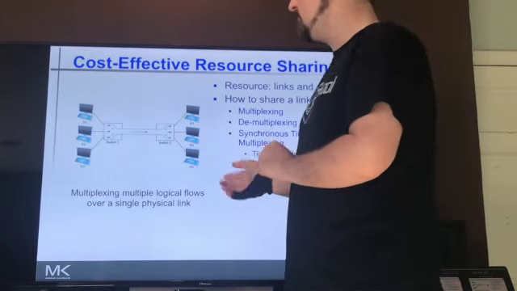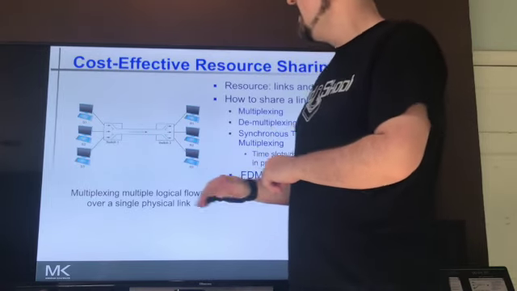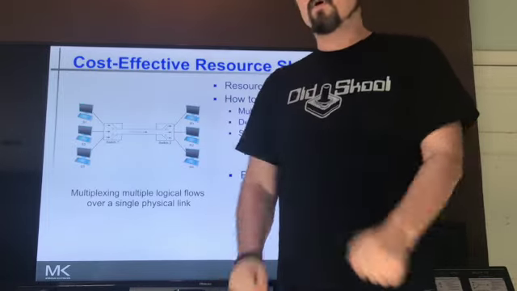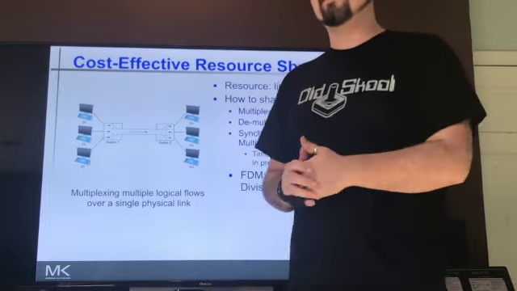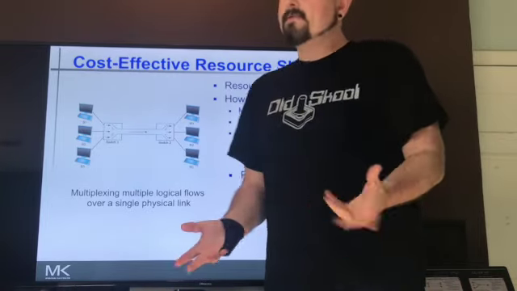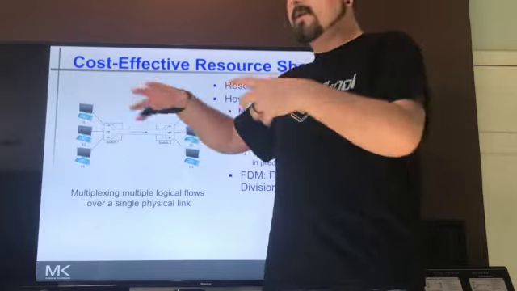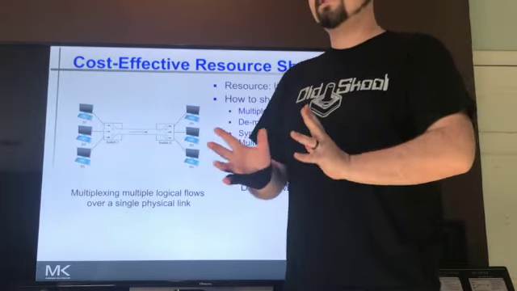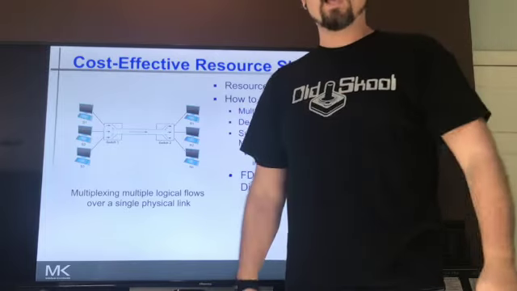Now again, with frequency division multiplexing, if we only had one machine that wanted to send and it only had a small piece of the frequency or the bandwidth of that medium, if nobody else was sending, we would hope that you could get access to more frequencies so that you could send more data at once.